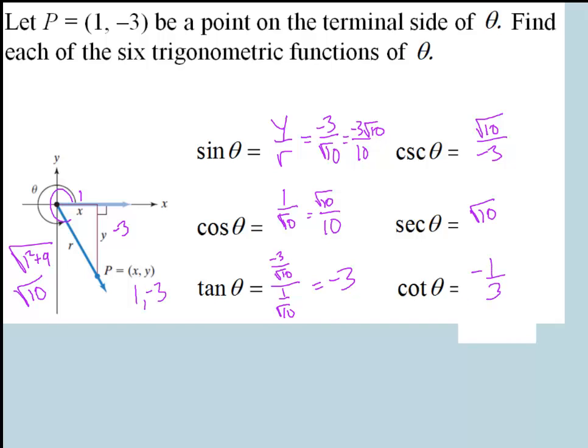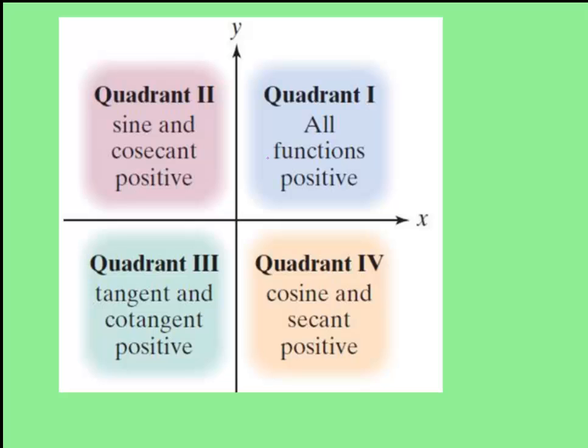You know what the four quadrants are in a coordinate plane. In quadrant 1, both x and y are positive. In quadrant 2, it's negative, positive. In quadrant 3, both are negative, and in quadrant 4, it's positive, negative. We can use those properties to figure out if sine and all our trig functions are positive or negative. In quadrant 1, everything's positive, and that makes sense.